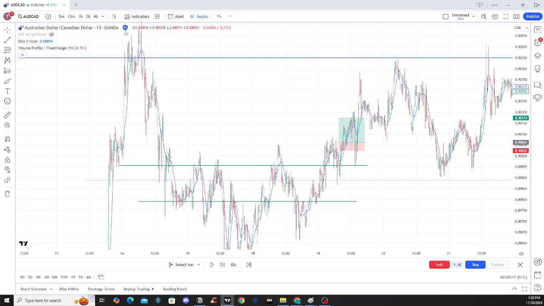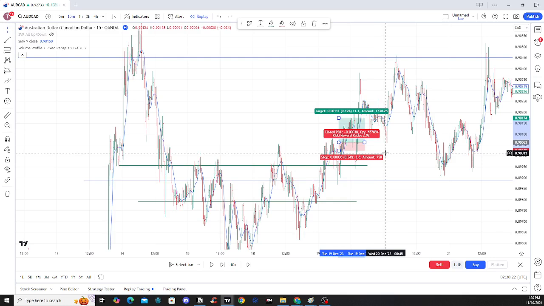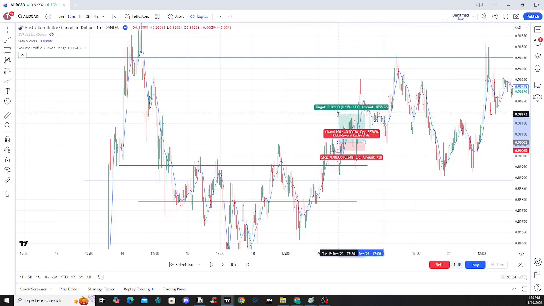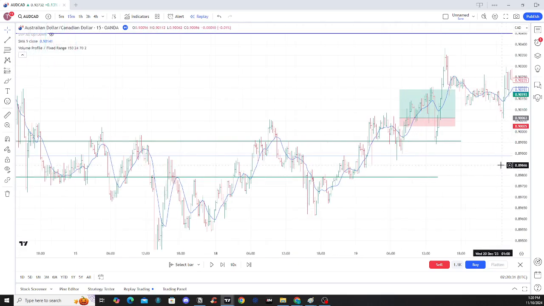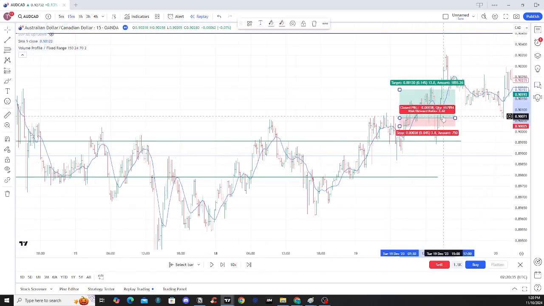So the stop loss is extremely tight. Stop loss is tight, but we still get 3-to-1. You get more than 3-to-1.